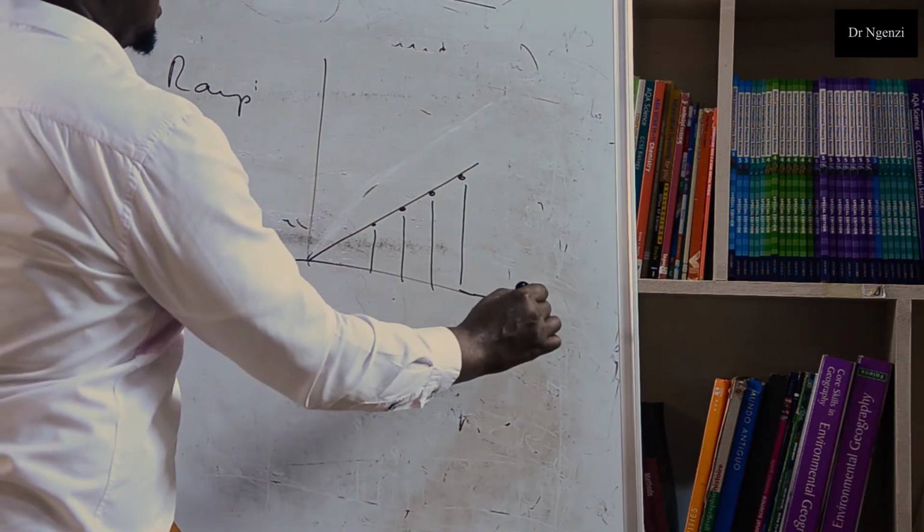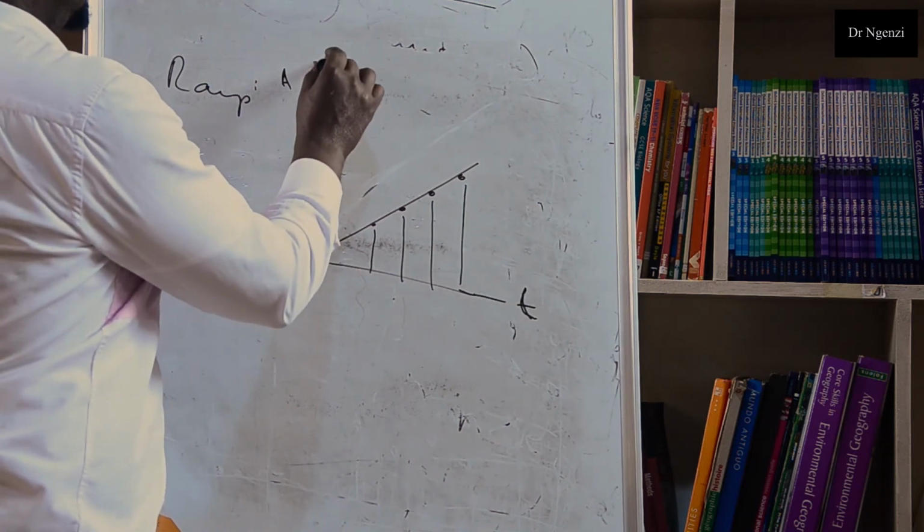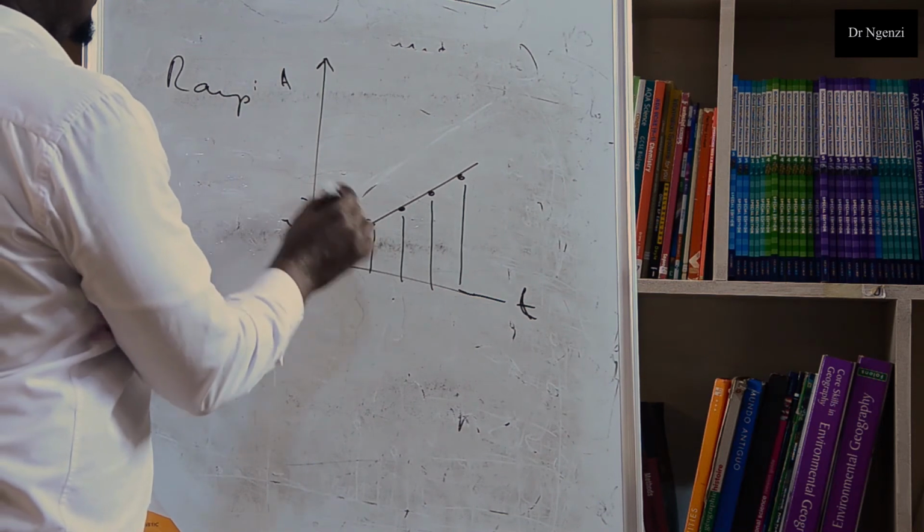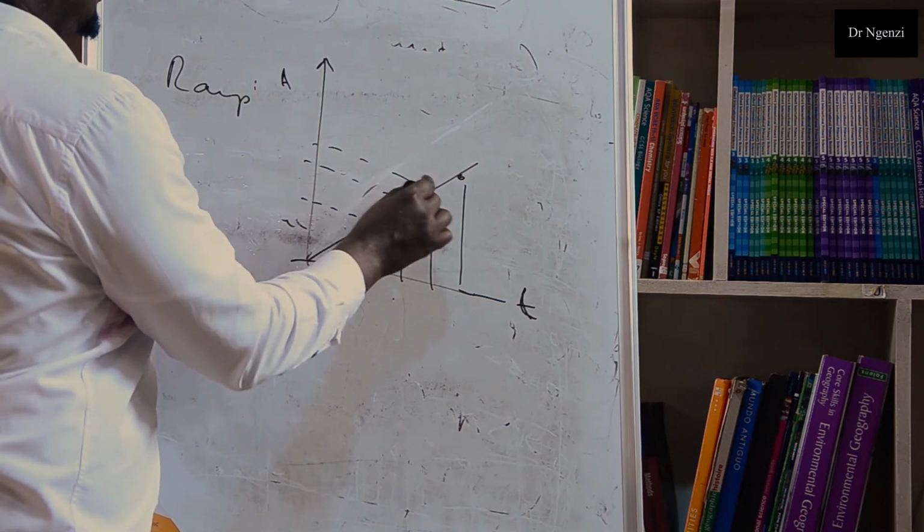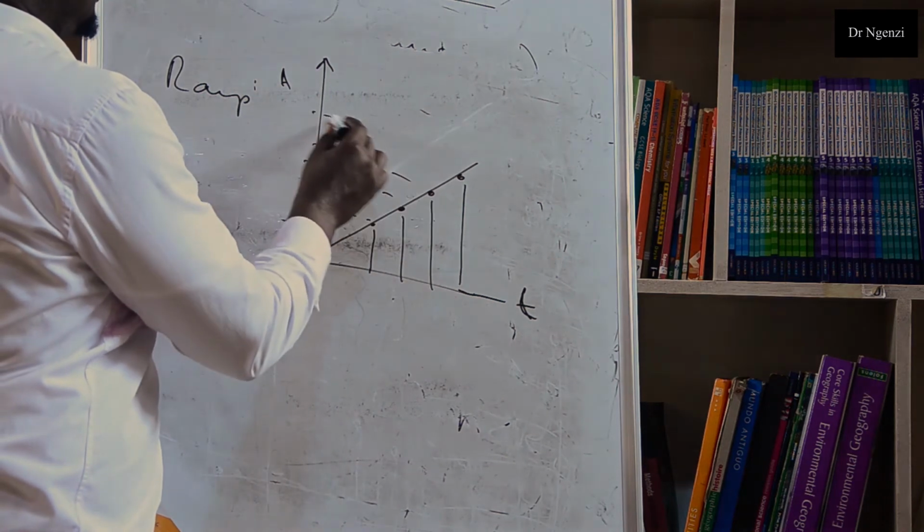So suppose this is the time and this is the amplitude, for any given value it can go like this.